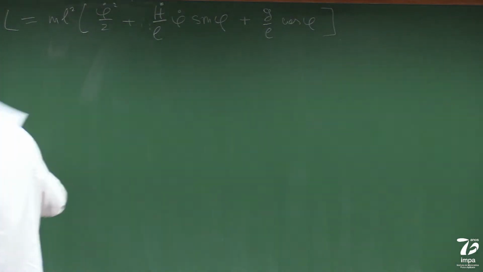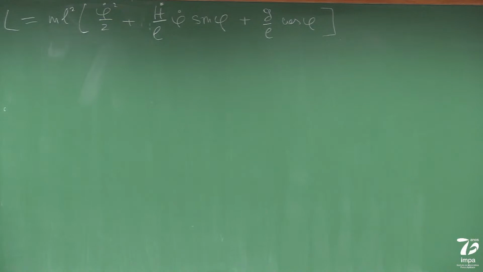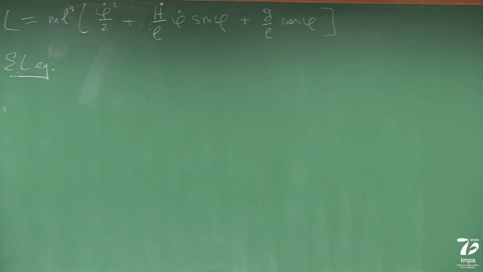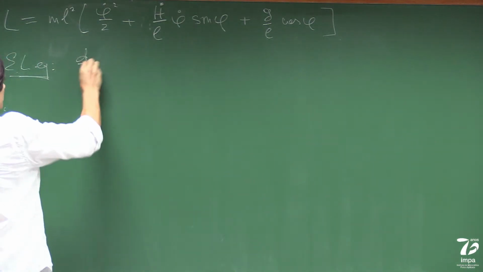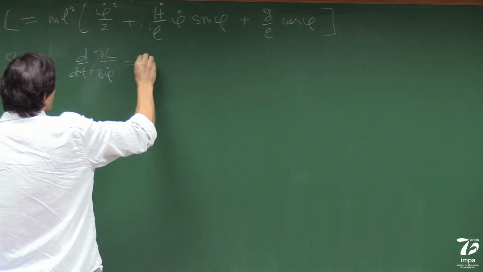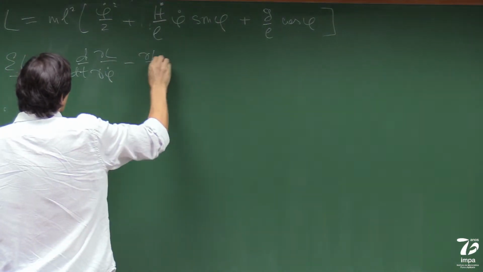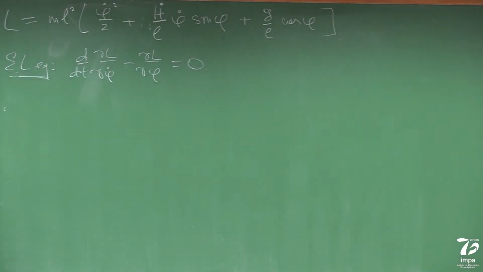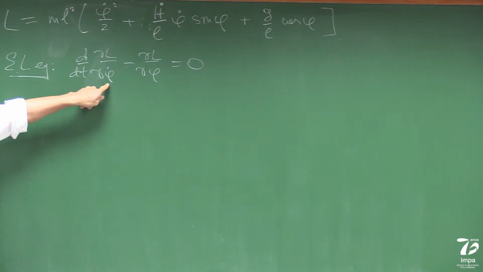And then we write the equation of motion. So the Euler-Lagrange equation, which is just the same as for the pendulum. But now it's a bit more tricky. Now you should be careful, because first you differentiate with respect to the derivative.